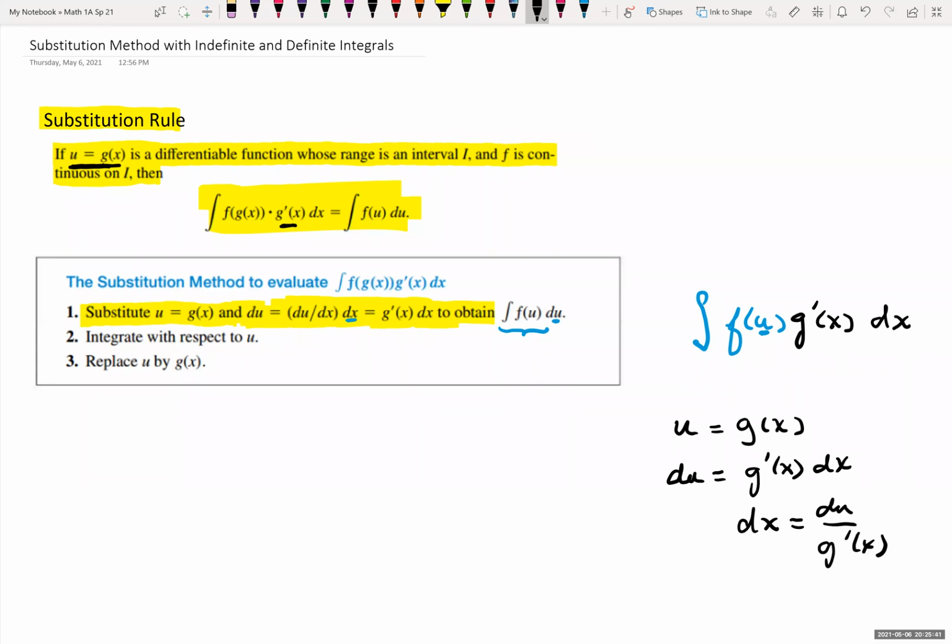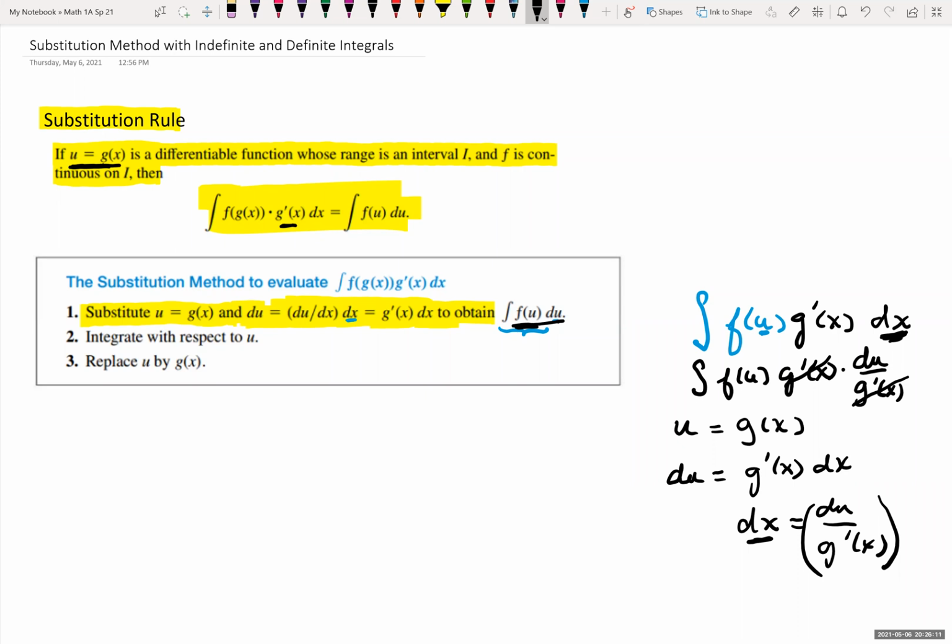So when I go back in and replace what dx is in terms of du, my g prime of x will cancel out. We'll have the integral of f of u times g prime of x times dx, which is du over g prime of x. The g prime of x cancels out, and that leaves me with f of u du.